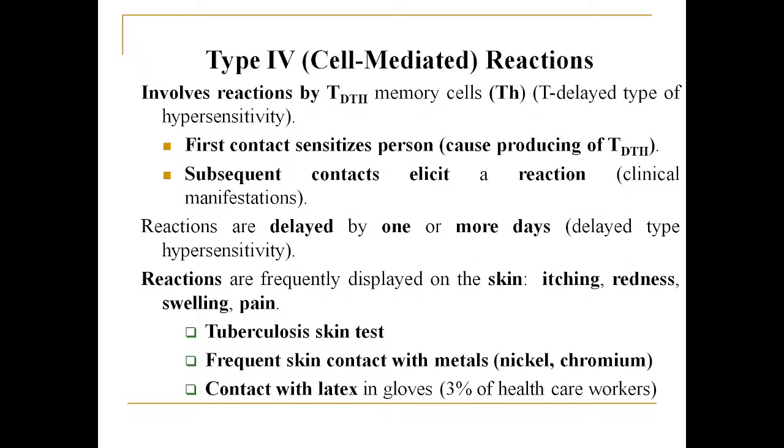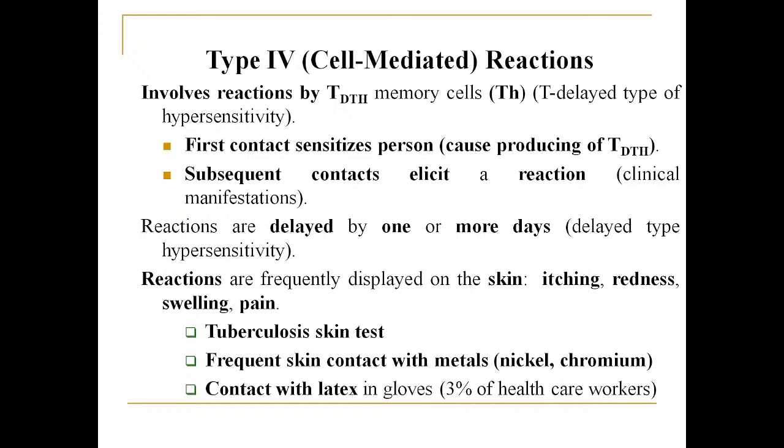Cell-mediated reactions involve reactions by T cells or T memory cells. They are also called T delayed type hypersensitivity memory cells. Originally, they are T helpers, T helpers memory cells.